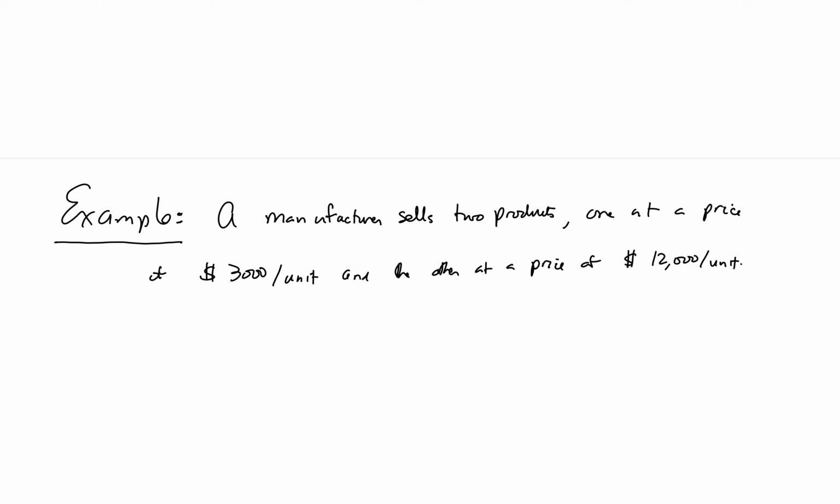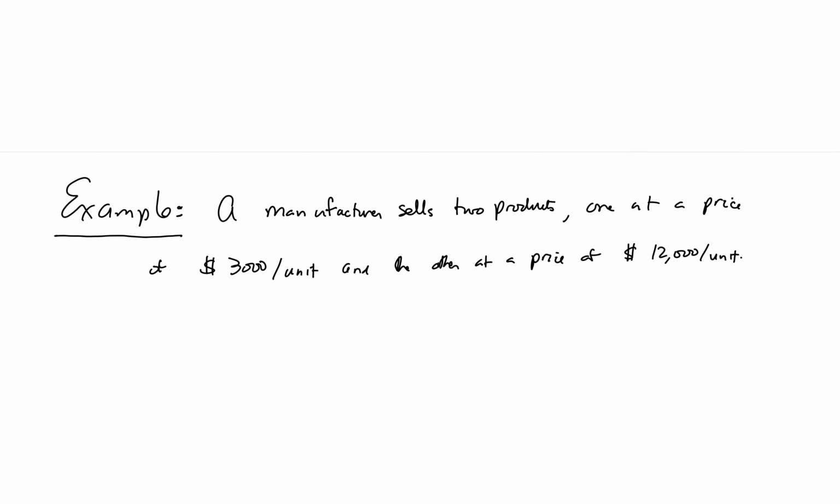Okay, so some manufacturer has two products that they're selling, one at a price of $3,000 a unit and the other at a price of $12,000 a unit.